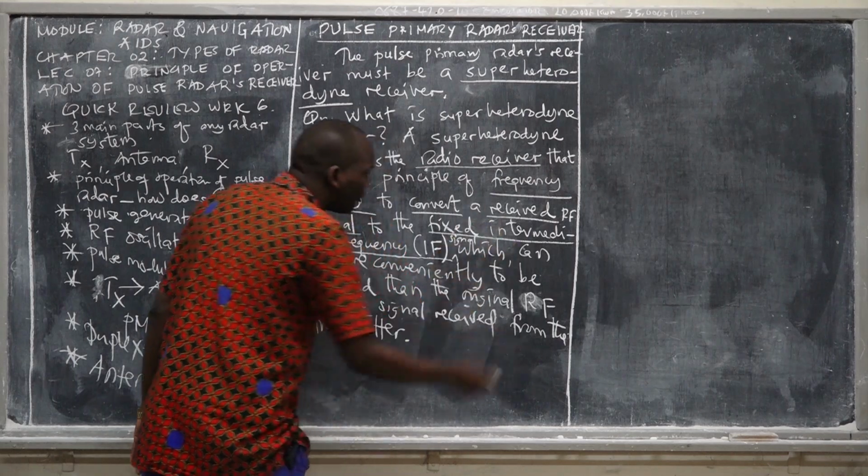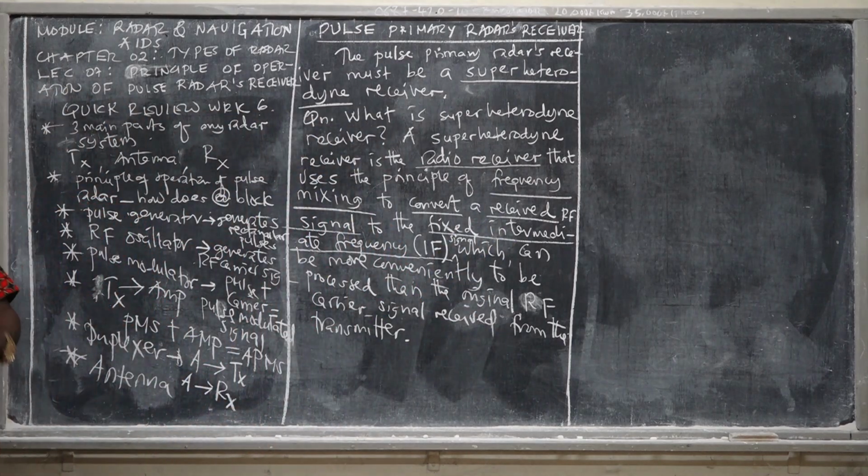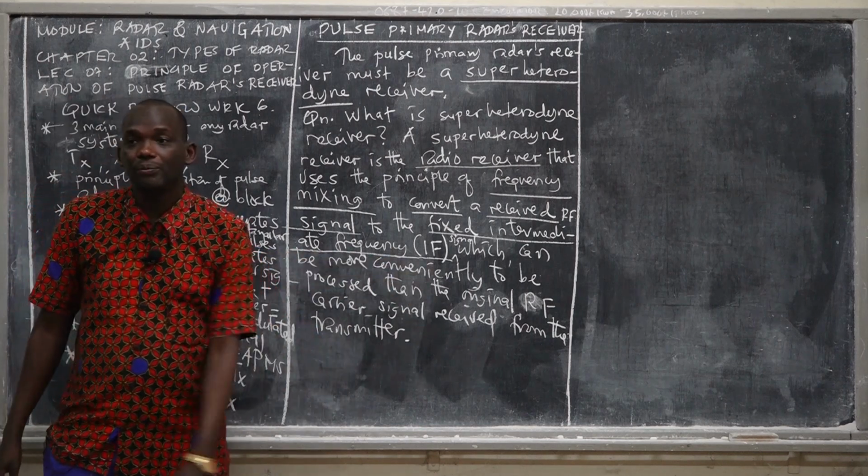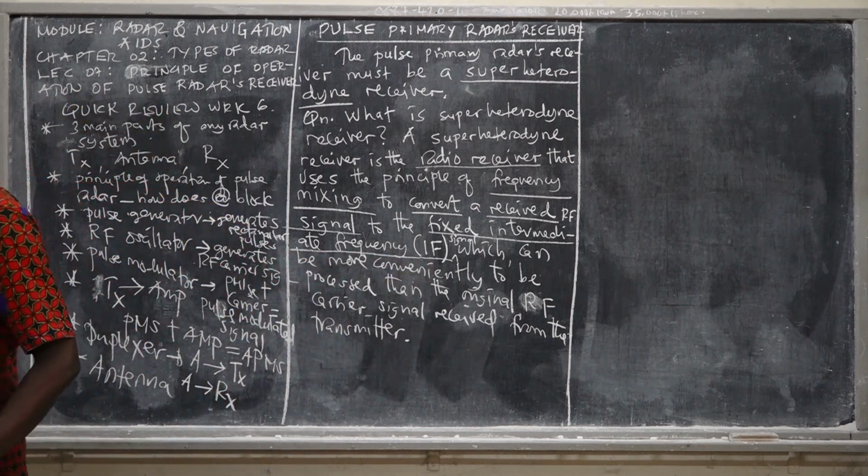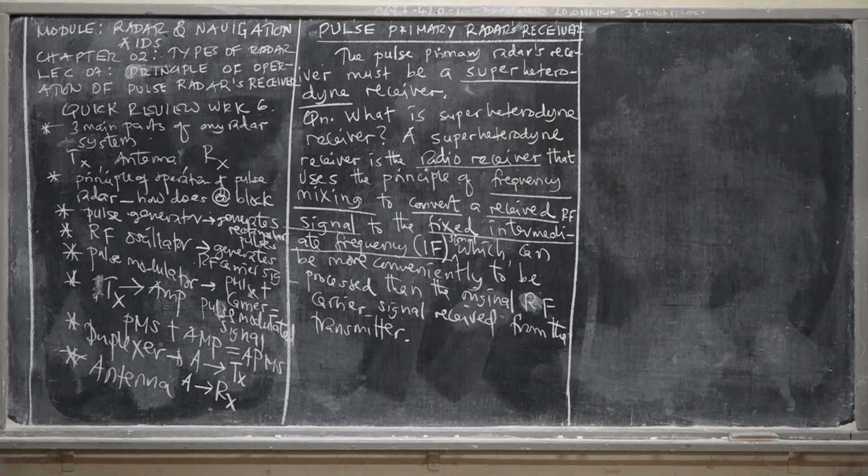So it means that RF, or radio frequency, is one of the boundaries, and intermediate frequency is another boundary. Remember, a radio frequency signal is not equal to an intermediate frequency signal, because there's a difference in frequency. So you have to remember the boundaries of the RF and the boundaries of the intermediate frequency.